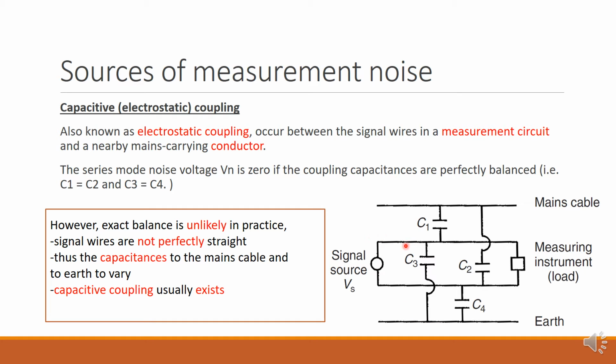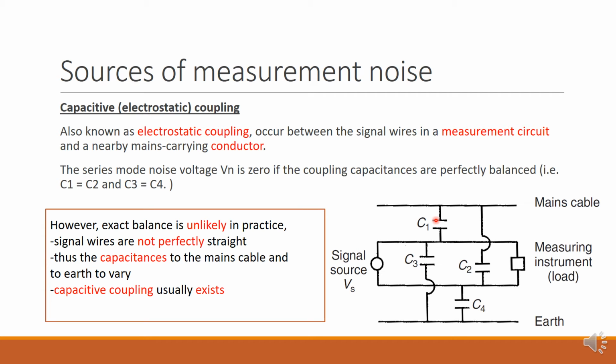This figure shows an example of how capacitive coupling occurs when your signal or measuring instrument circuit is very close to a certain conductor. These cables, although not carrying current, are a conductor, and when close enough to your measurement circuit, they will create capacitances C1, C2, and C3.